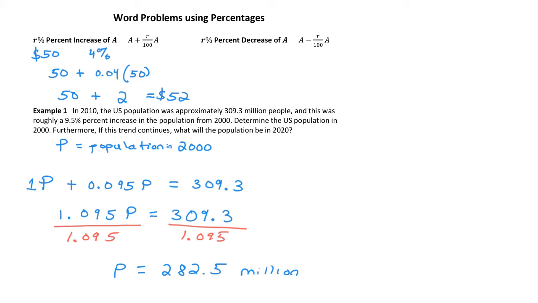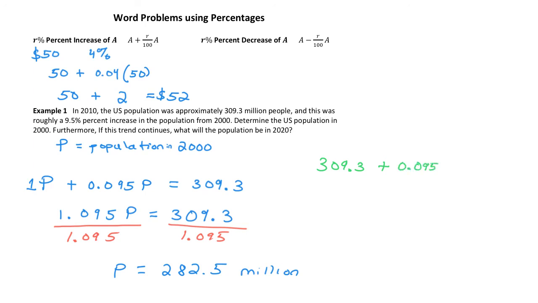This is kind of separate here, but this is how you could approximate the world population or a country's population. You know a trend from some previous years, you could just make the assumption that if the trend holds, I'll apply it to the future. So I'm going to take 309.3, and I'm going to assume that it's growing at this 9.5% rate.